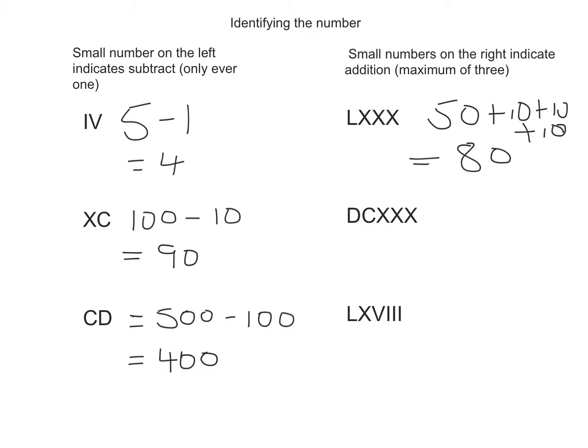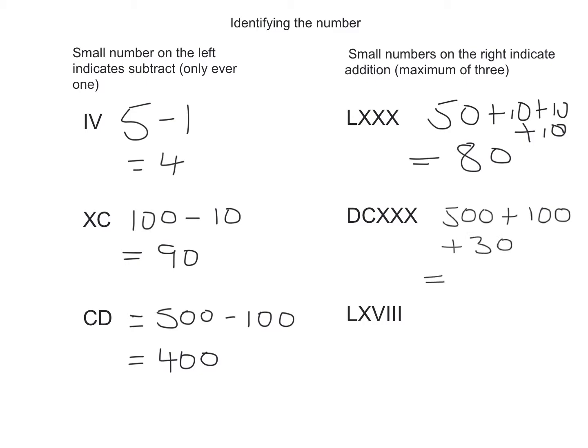Alright, so we've got DCXXX, and we know that D is 500, and we know that C is 100, and we know that we've got 3 X's, so I'm just going to write 30 here. So what is all that added up together?